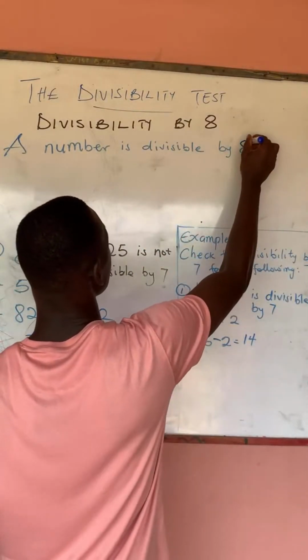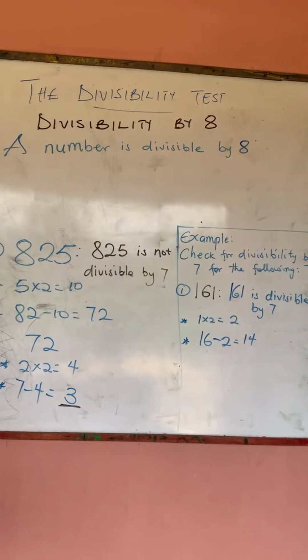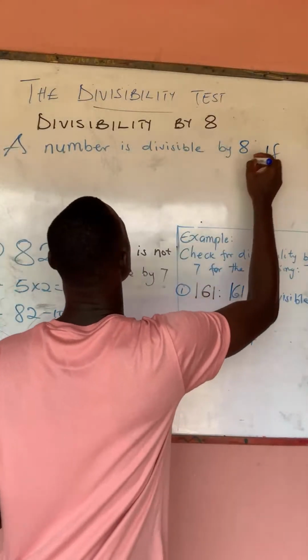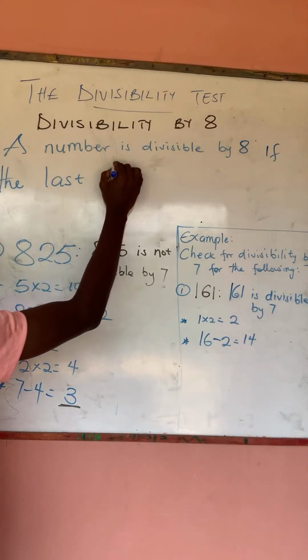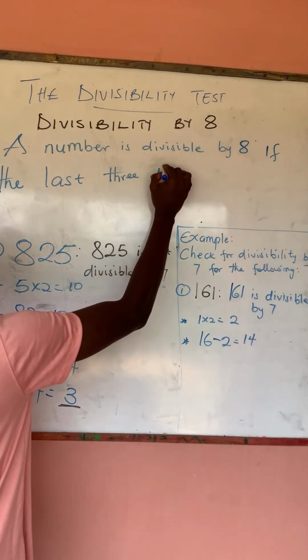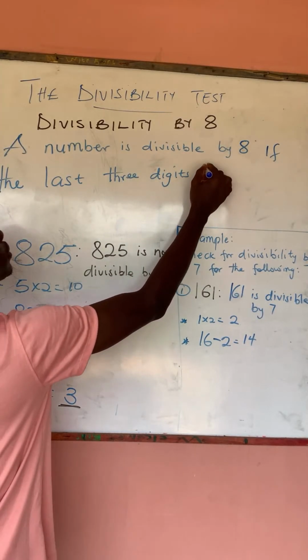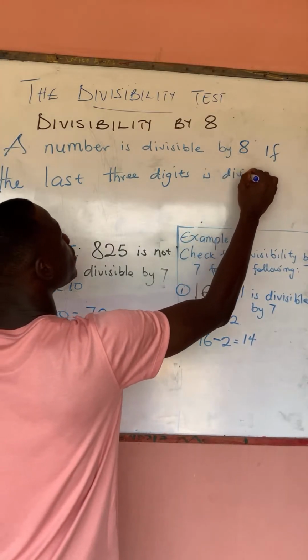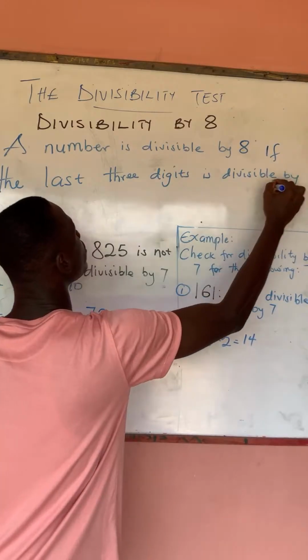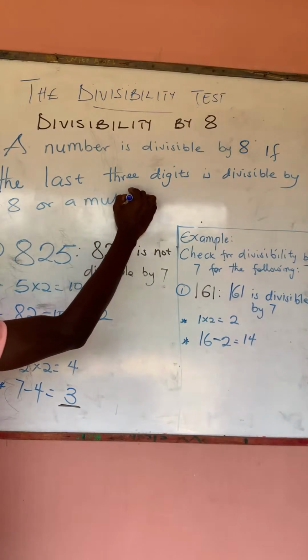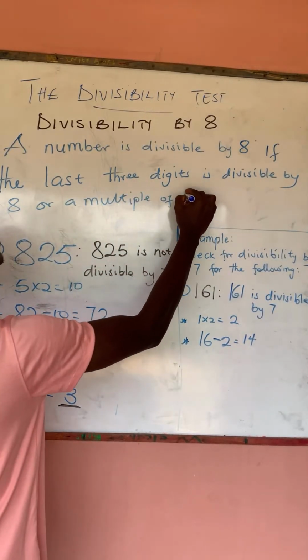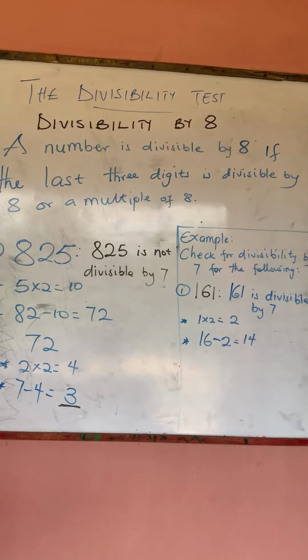Divisibility by 8. A number is divisible by 8 if the last 3 digits of the number are divisible by 8, or are a multiple of 8.